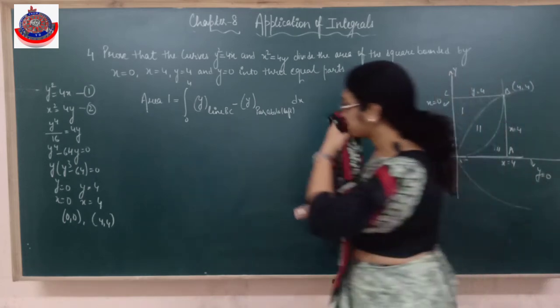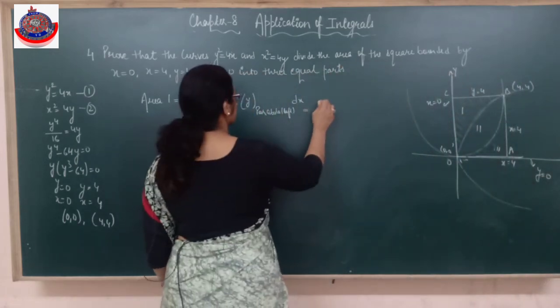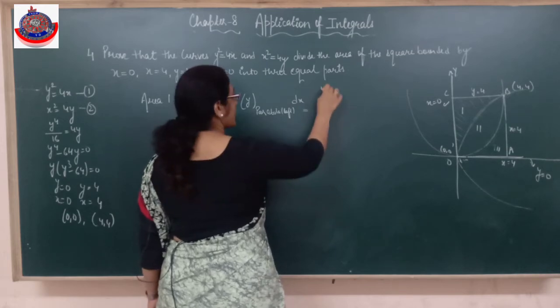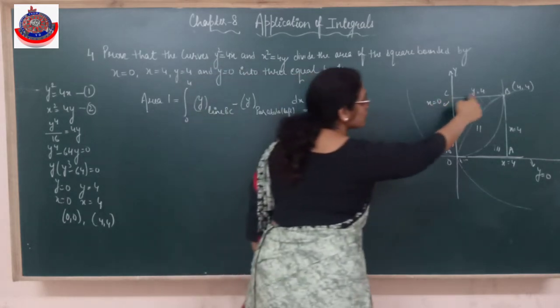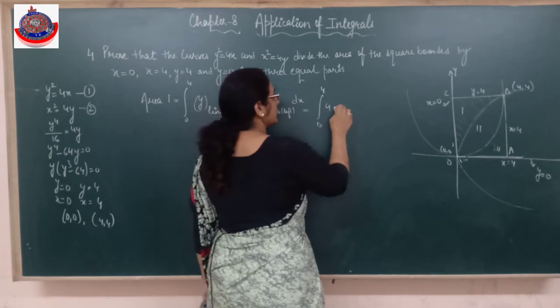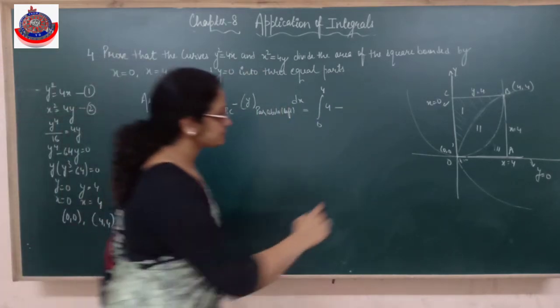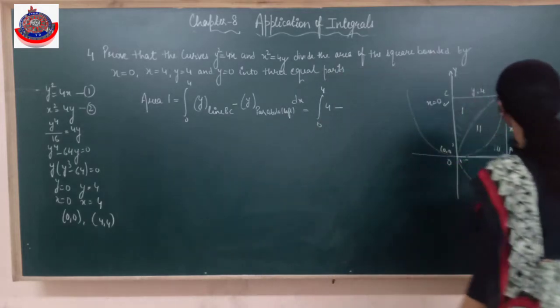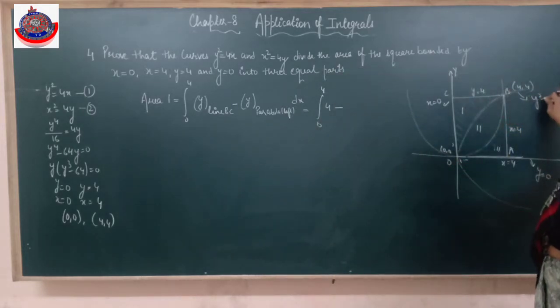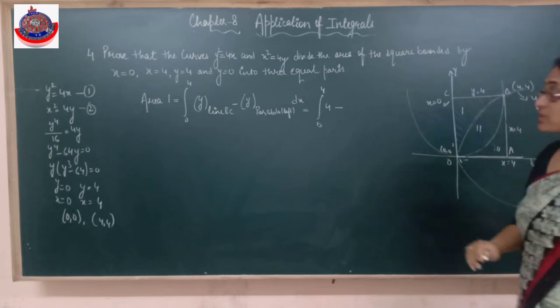So this is y of the line, that is y equals 4 only, minus y of the parabola. Which parabola? Yeah. ये कौन सा है? y square equals 4ax, 4x. तो इसका y square क्या आ गया?